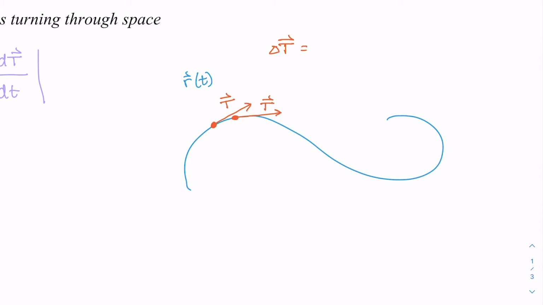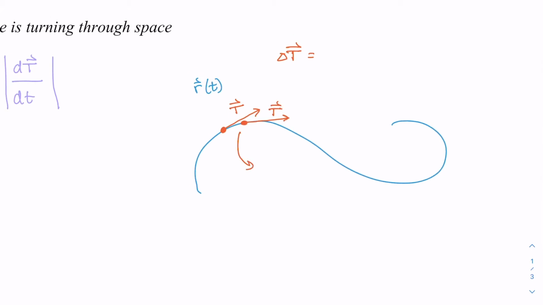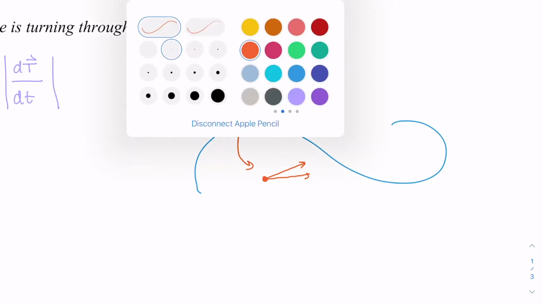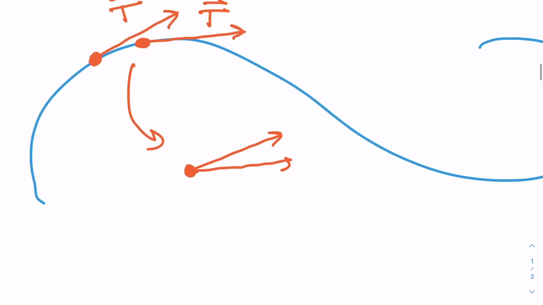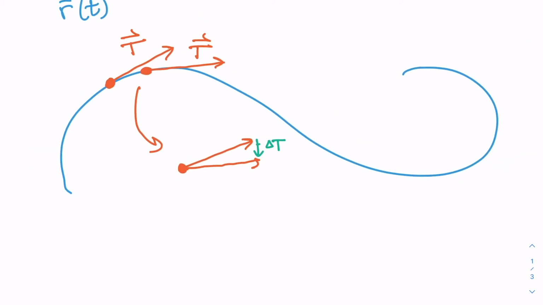So if I draw these plotted from the same origin, you might have something that looks like this: unit tangent 1 and unit tangent 2. Plotting the change of them is actually going to give you this vector right here. That is the change between those two vectors.